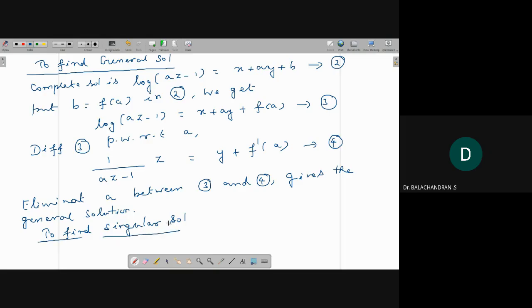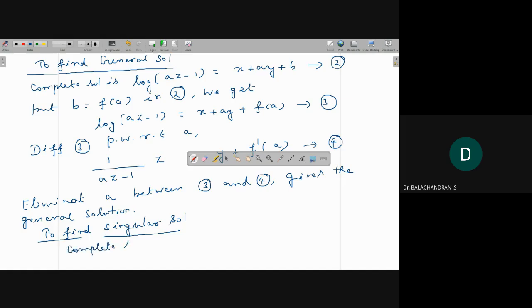Next, to find the singular solution, we'll start from the complete solution again. The complete solution is log of az minus 1 equal to x plus ay plus b. I call this again equation number 2.